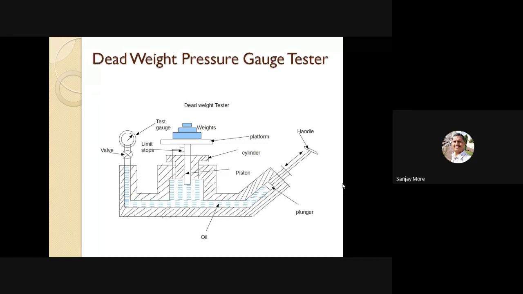I will give you more time to draw this diagram, then we start the description. Please reply to me if your diagram is completed.